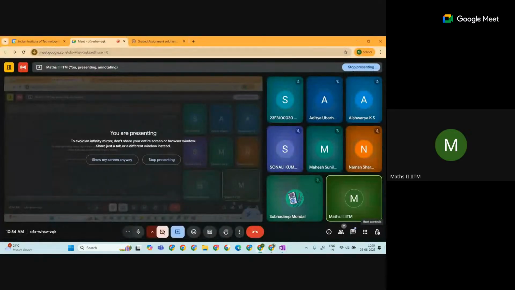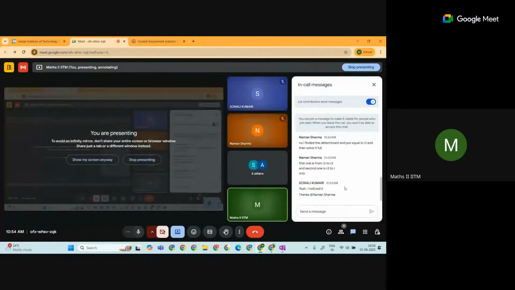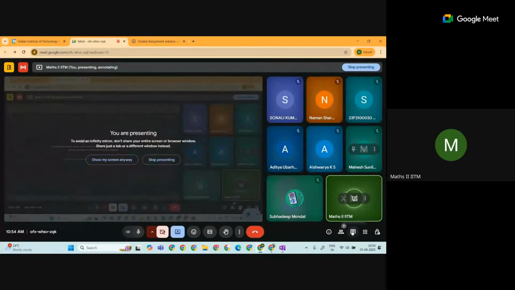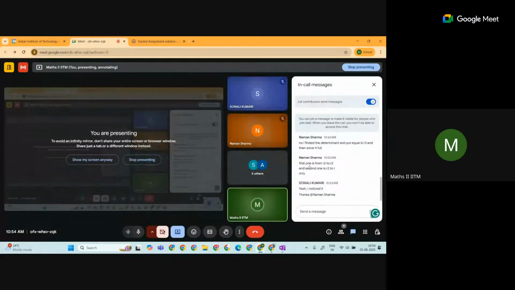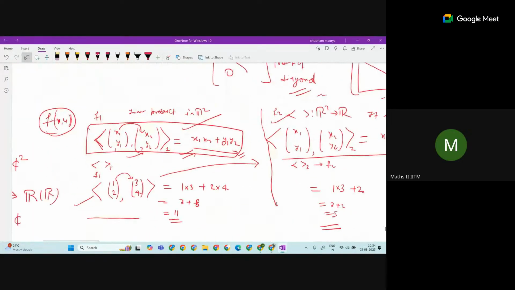Okay, somebody wants to say something. Here it is a bit confusing. Somebody says the first one is also from R2 to R, and the second one is also from R2 to R. Yes, there is no difference.